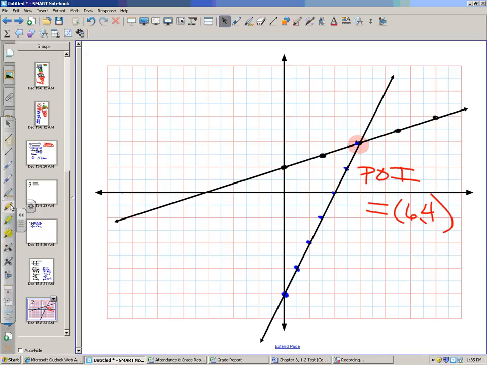What do those 3 mean? Give me an example of inconsistent. Inconsistent means they're parallel lines and they never touch. I'm pretty sure they touch. If they're parallel lines and that means they're inconsistent, what do we know about their slopes? Same slope. What about their y-intercepts? Different y-intercepts. Do we see that?